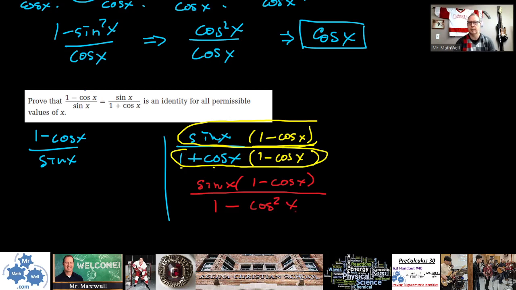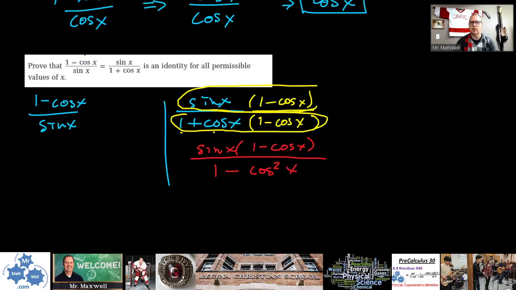All right. Okay. Now, a couple things we could do, and I would suggest that, well, really there's only one thing. Let's change this into sine squared according to our identities. So now I'll change colors again. So now I have sine x times 1 minus cos x all over sine squared x. See, that's sine squared x.